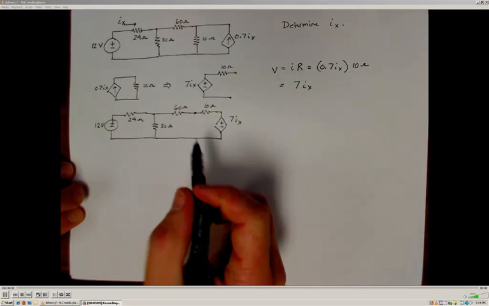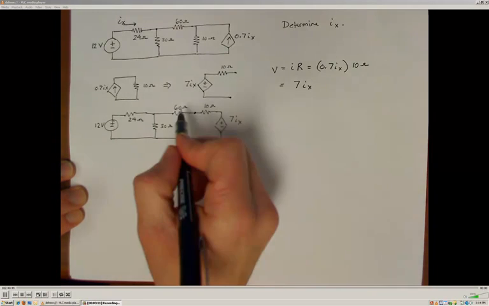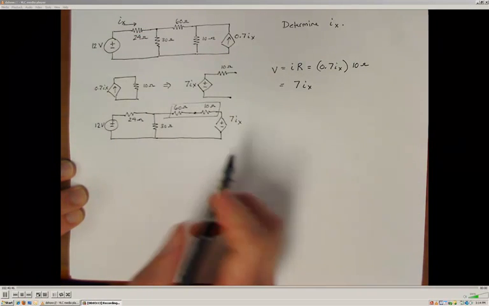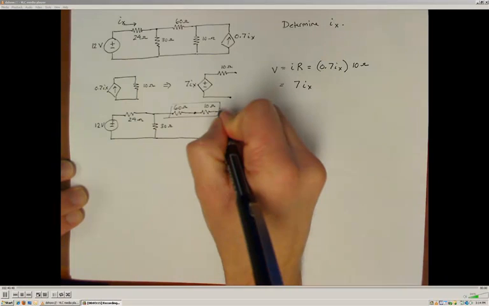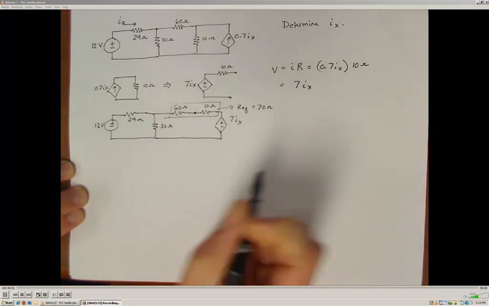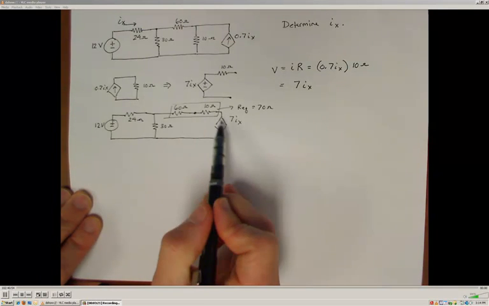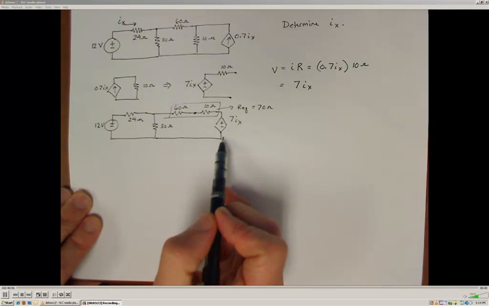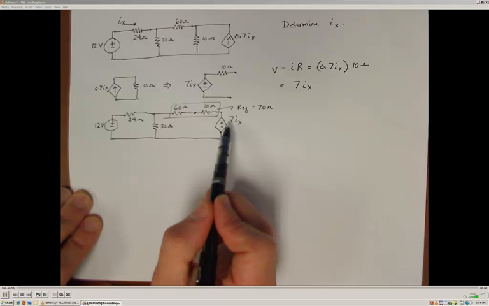So now I can combine these two resistors. Since they're in series, they combine to give an equivalent resistance of 70 ohms. And now I have a 70 ohm resistor in series with a voltage source of 7 Ix.